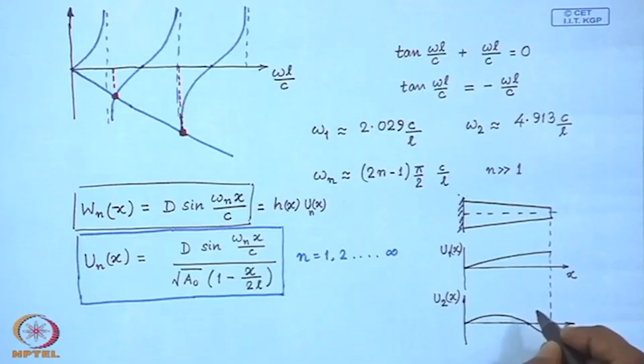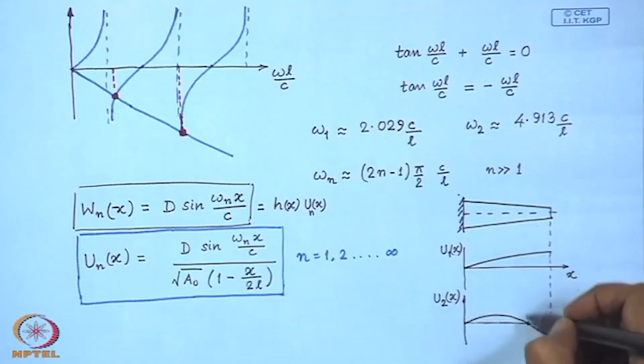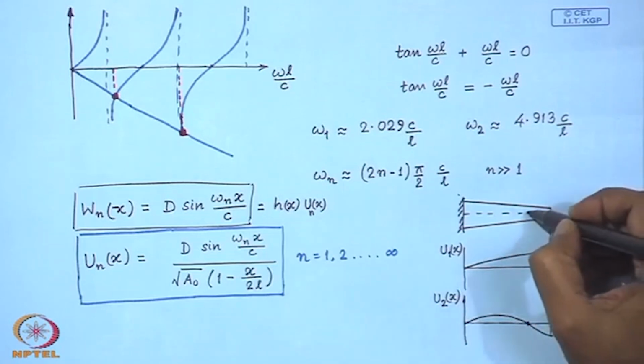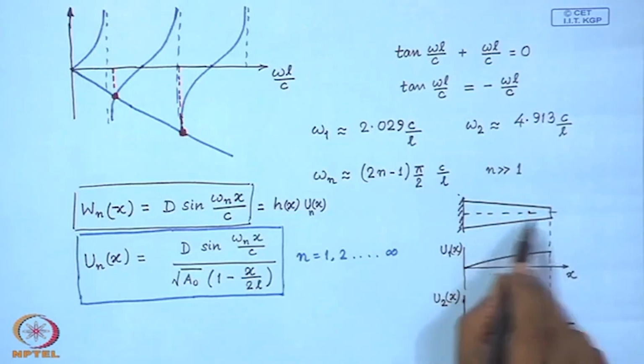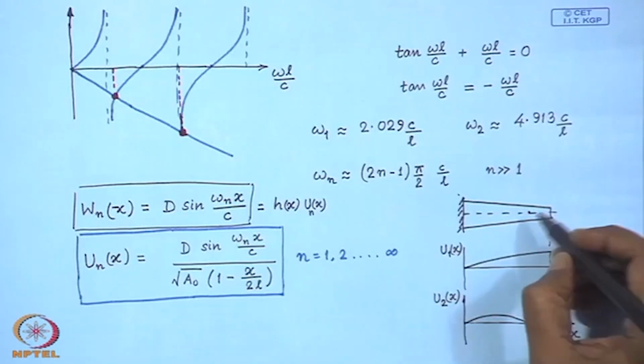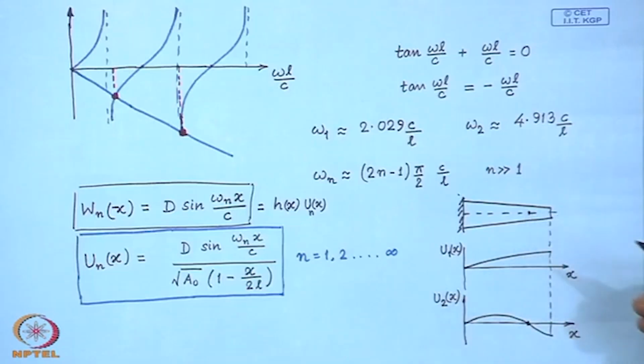So, here we find an antinode and a node. This is the node at which the bar does not move. So, this is the point in the second mode. This point does not move, it always remains in its equilibrium position. So, this is the node for the second mode.